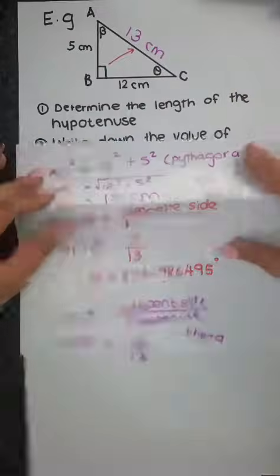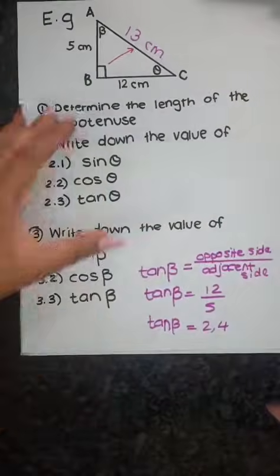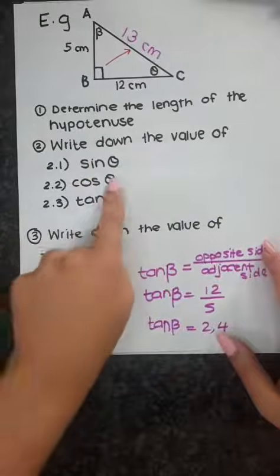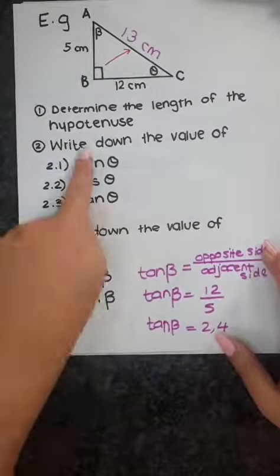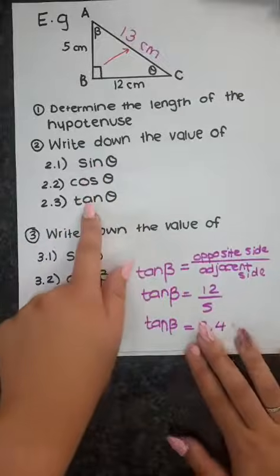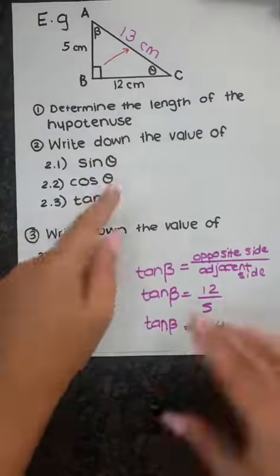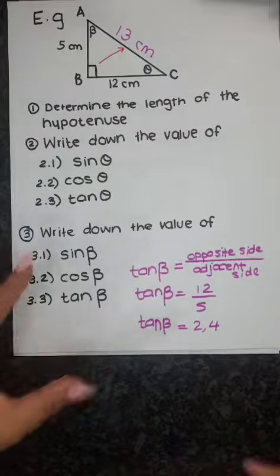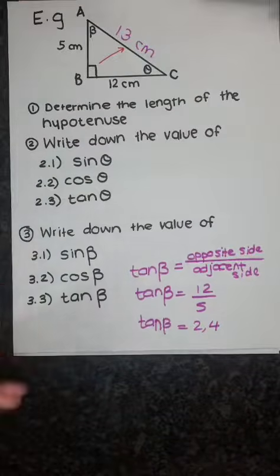Okay, so what these questions are asking you to do is write down the value of sine theta, cos theta, tan theta. These fancy Greek words, all that they mean, this is sine, this is cosine, and this is tangent. These words are shortened versions of the actual words. They are just words that the mathematicians came up with to represent the ratio of sides.